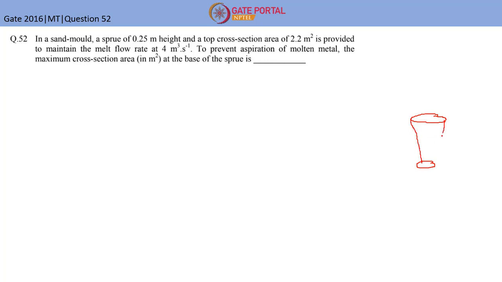So it will be connected like this, and from here we pour the molten metal. So they have given us the top surface area AT, which is 2.2 meters square. Now we have to calculate AB. So we have to calculate this.